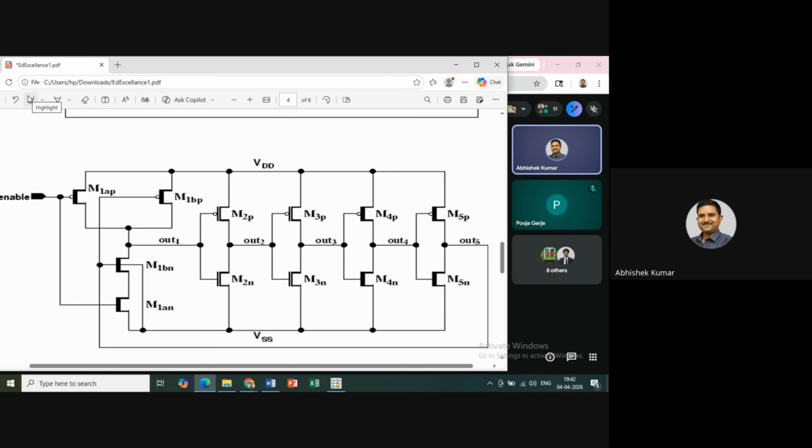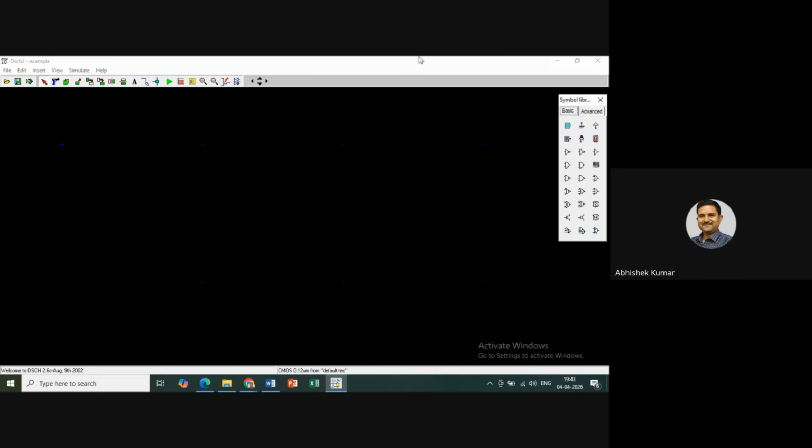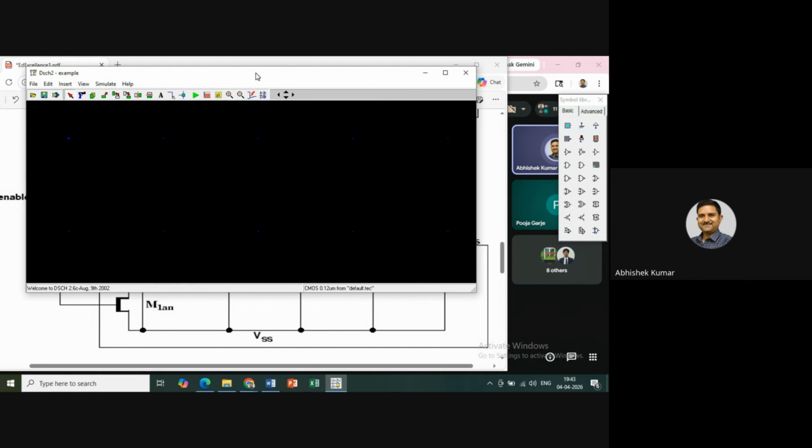Okay, guys. So now to experiment with this type of circuit, we should have some EDA tool, like in the previous discussion. I have shared one tool which is known as DSCH. You must remember that DSCH software where we work at transistor level. So I'm going to use it for this project too. I'm sketching this part in the DSCH tool.